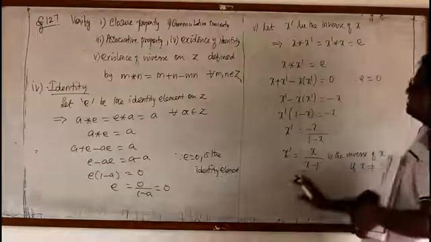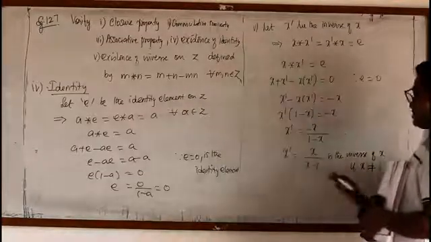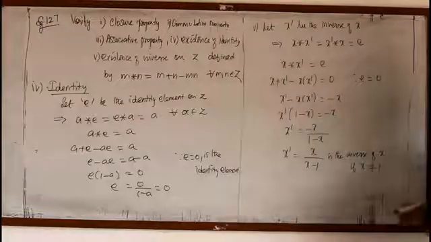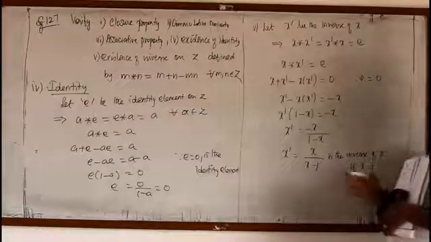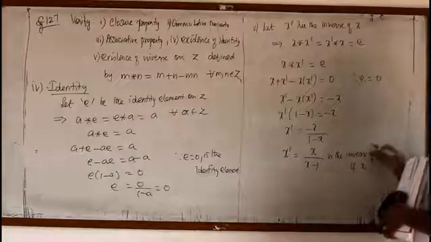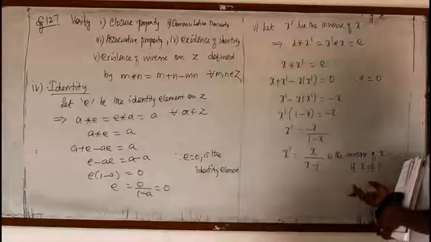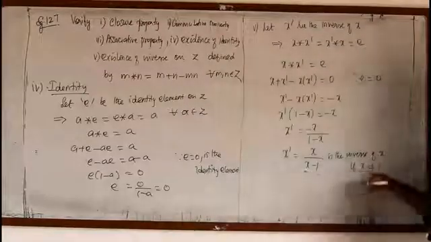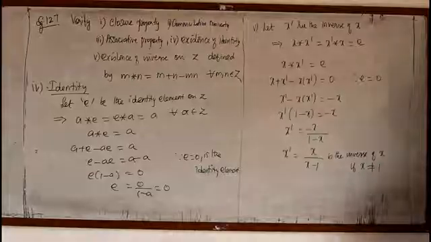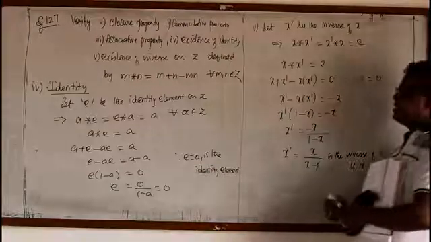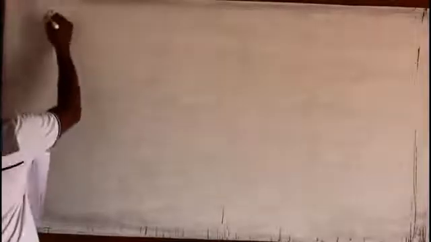Therefore, the inverse is existing only in the case when X is not taking the value 1. Therefore, the set obeys all the 5 laws and only in inverse we have a condition. The inverse is existing only if X is not equal to 1. With that, this example 12.7 is over. So we'll go for the next example.